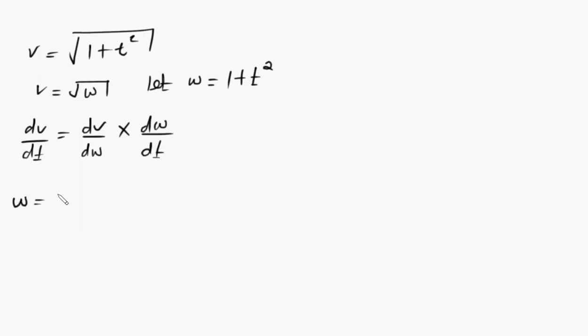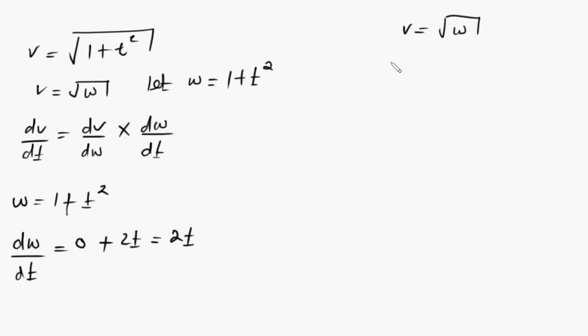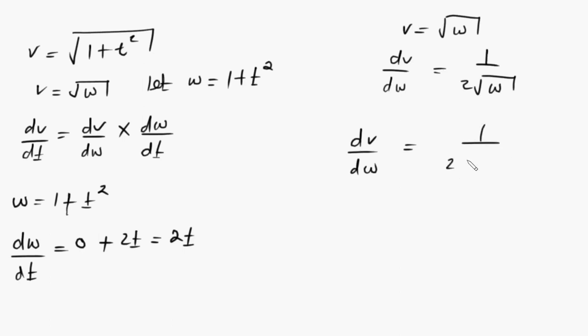So dw/dt can be obtained here. I have w equals 1 plus t squared. If I differentiate 1, I get 0. If I differentiate t squared, I get 2t. So dw/dt is 2t. And then from v equals the square root of w, I can get dv/dw. So dv/dw will be equal to 1 over 2 times the square root of w, and w is 1 plus t squared.